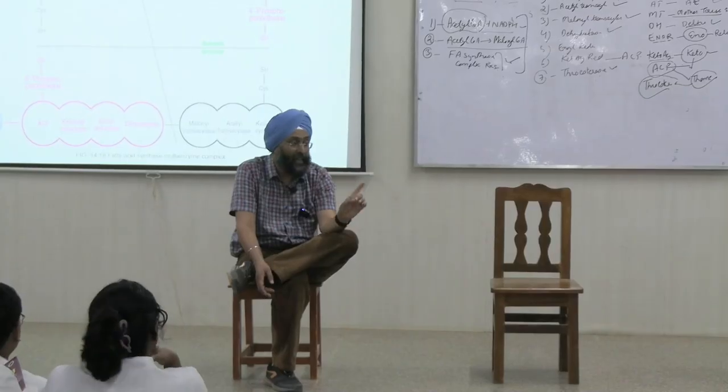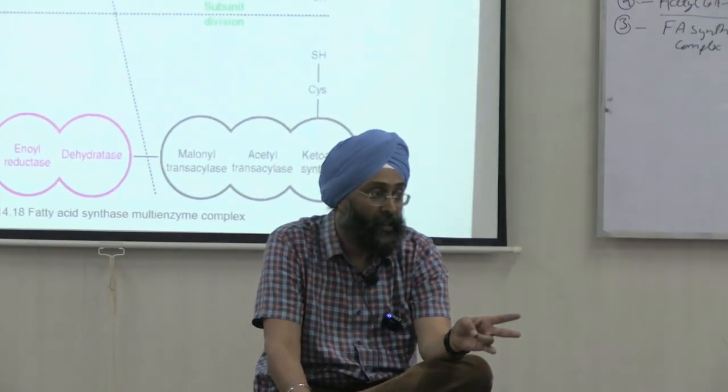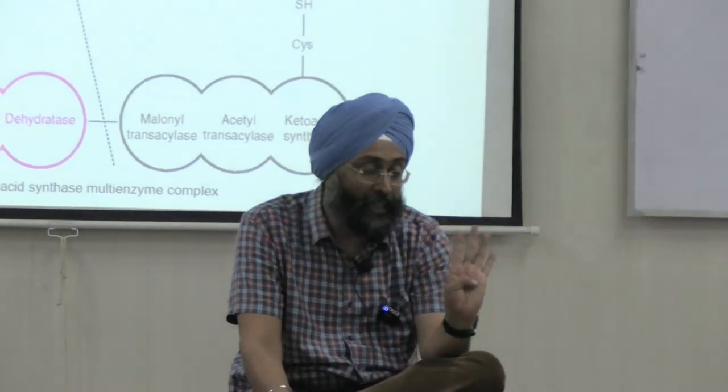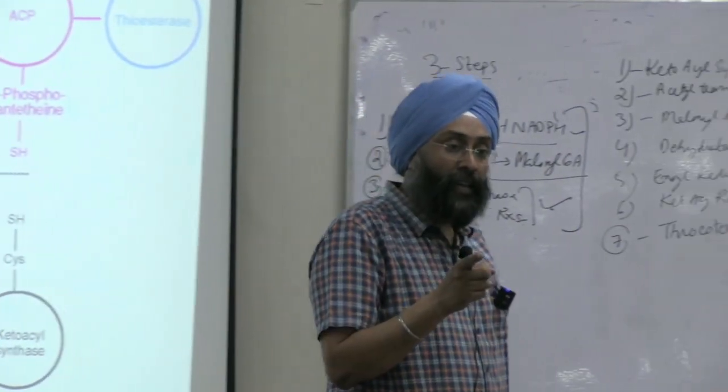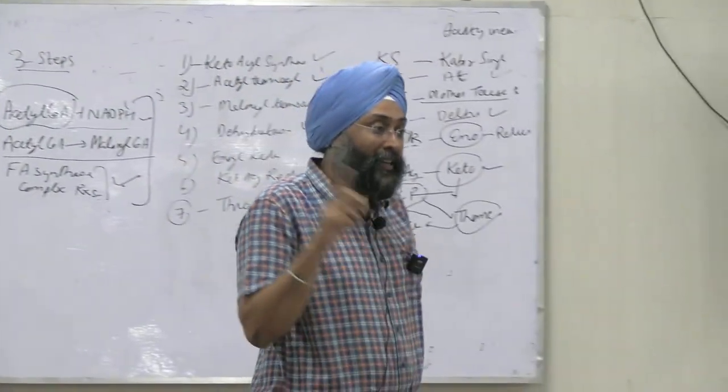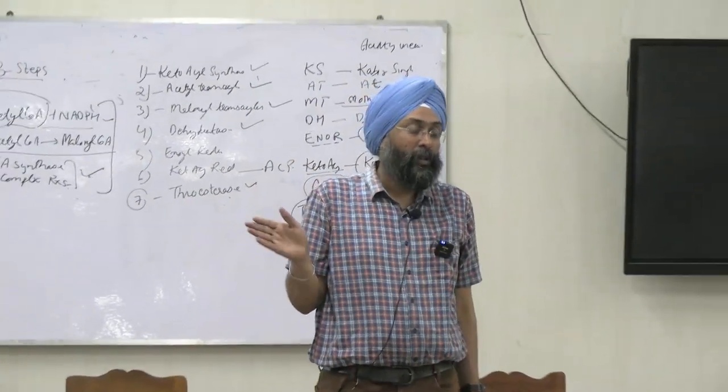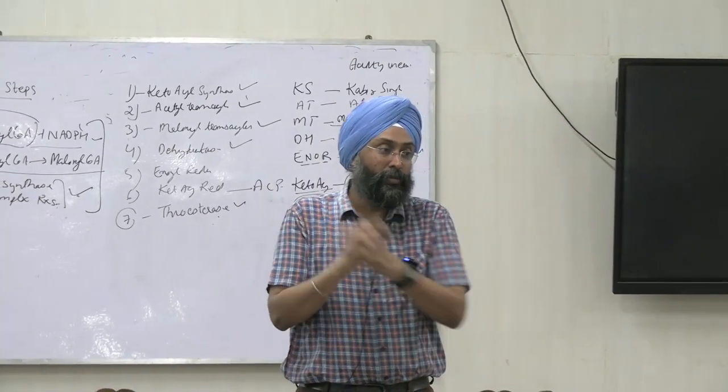If you go home, it takes place in which organ? Liver, kidney, adipose tissue and lactating mammary gland, right? And the raw materials are acetyl-CoA and NADPH, and the third is ATP. Acetyl-CoA is formed in the matrix, but fatty acid synthesis takes place in the cytosol. So acetyl-CoA has to be brought to the cytosol, right?